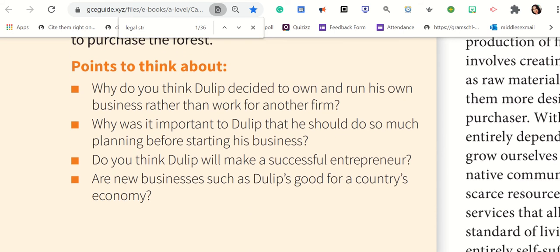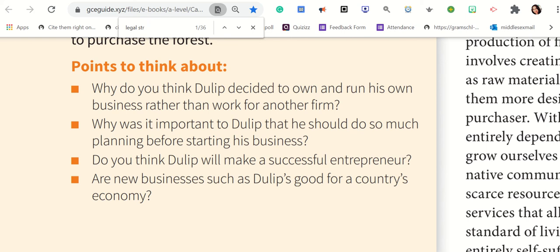Points to think. Now take some time to think of the case study that I read. Why do you think Dulip decided to own and run his own business rather than work for another firm? Why was it important to Dulip that he should do so much planning before starting his business?